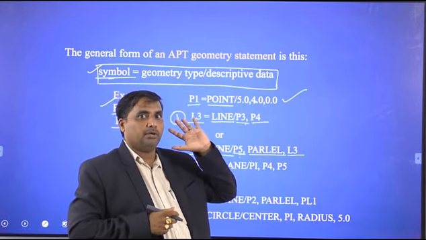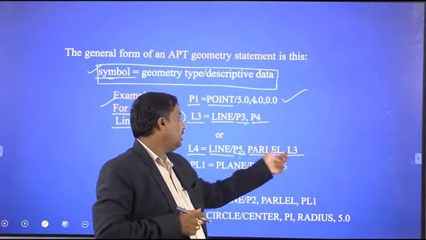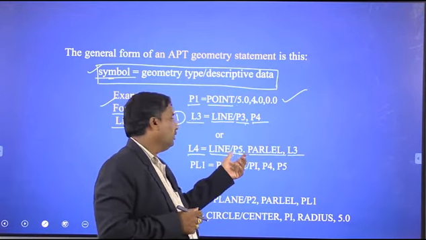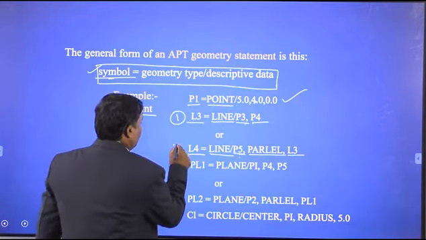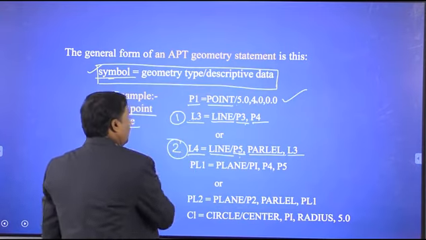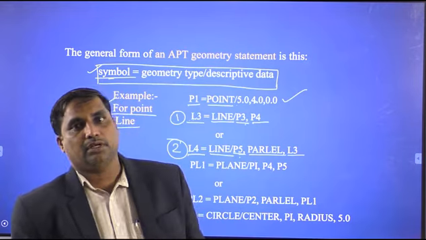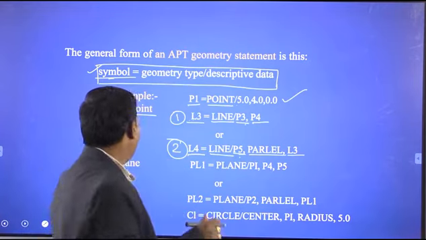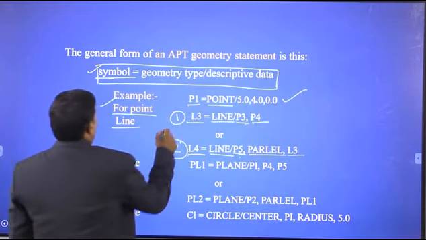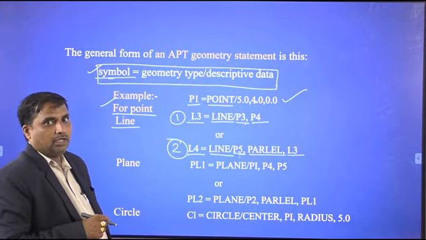It must be parallel to the line L3 and pass through the point P5. Like this, depending upon the data given, we can define the straight line in another way. So these are the two methods by which we generally define a straight line.